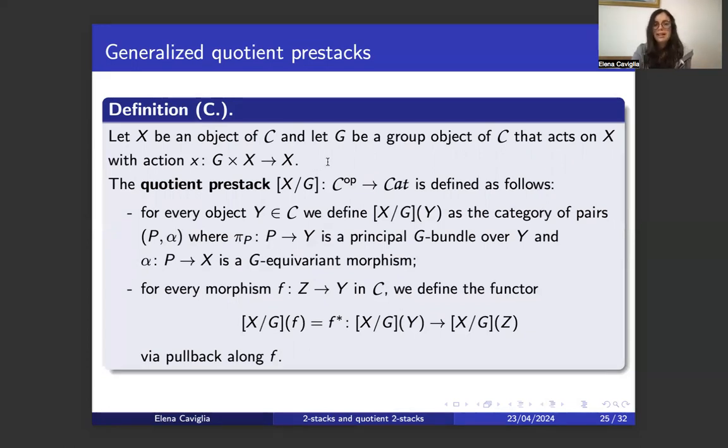and the important ingredient of the proof of the fact that this is well defined and gives a pseudo functor is that principal bundles are closed under pullbacks. This is what we need to define these quotient pre-stack homomorphisms in particular.